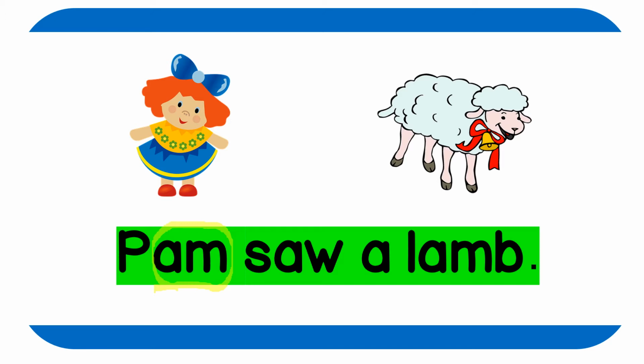Remember, A and W together says oh. Don't try sounding it out. The ah is missing. Let's try this one. L, am. Yes, this one. So we have two words that have a. All right, let's read now.